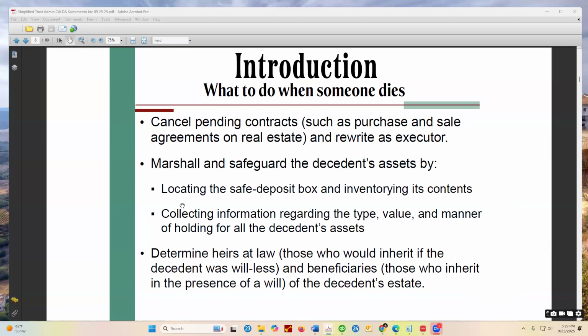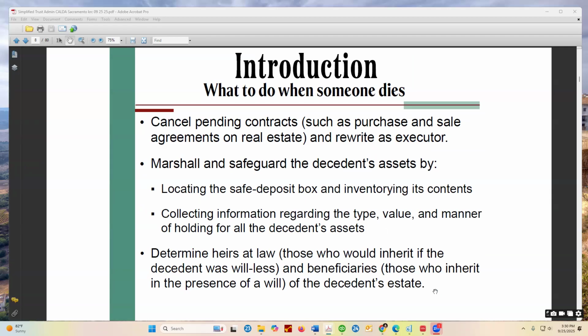You might try to find a safe deposit box and inventory the contents. I recommend here that you bring another person and videotape the access to the safe deposit box so that another beneficiary doesn't say that things were missing out of the box.